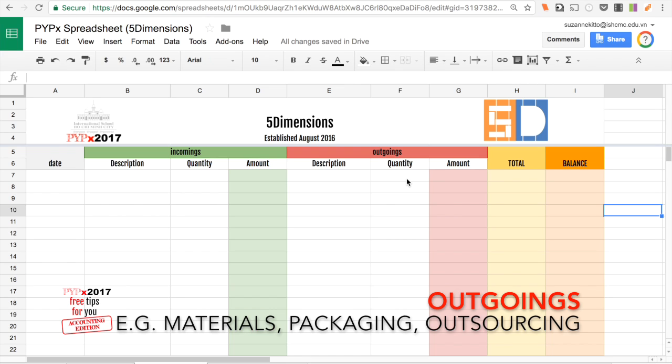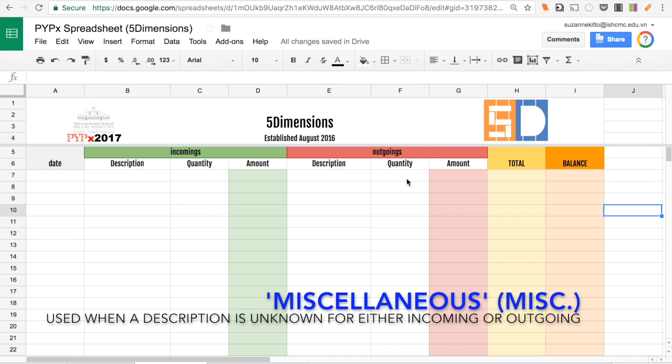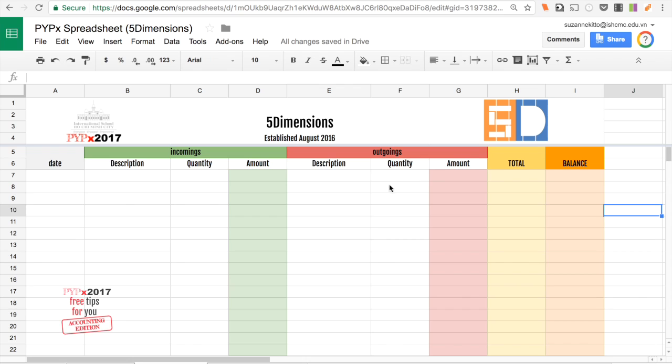Outgoings could include materials, packaging, outsourcing such as getting labels, stamps, any other kind of packaging made, and then miscellaneous if there was something you didn't know how else to refer to it as. So we're just going to have a go at setting up our spreadsheet. What sort of information do we need to put in there?